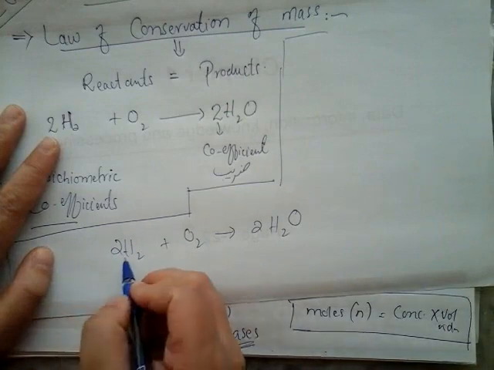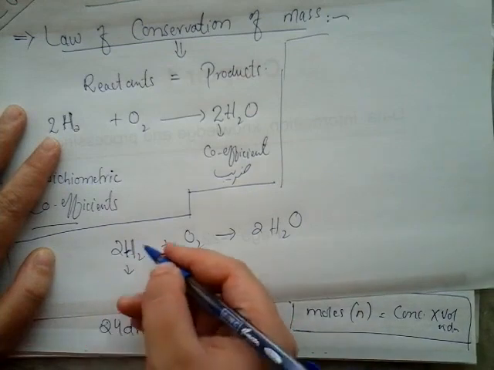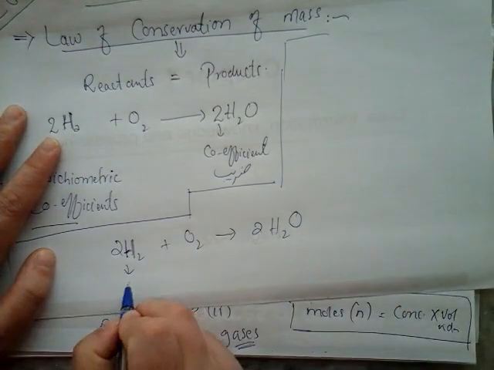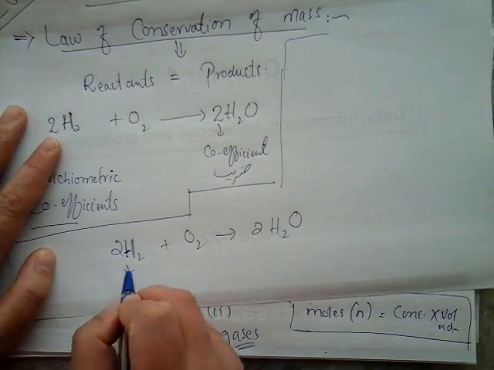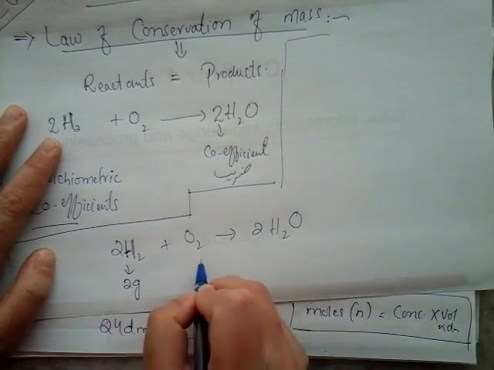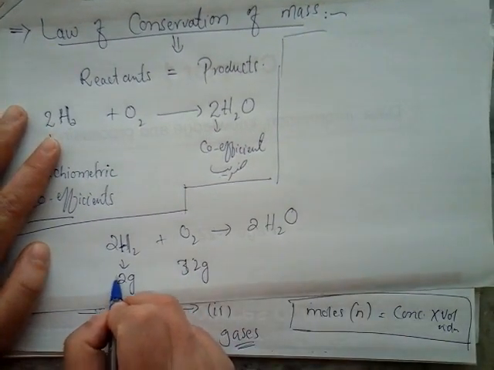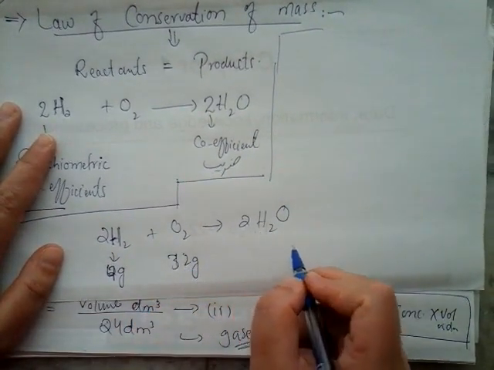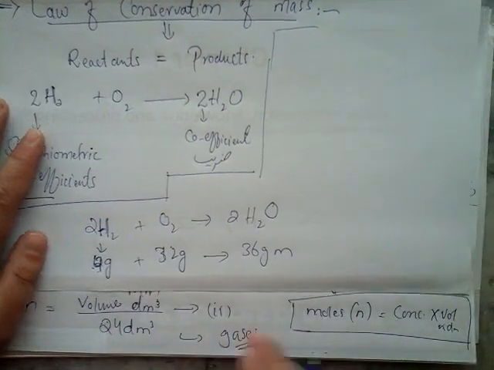Now here, the weight of hydrogen in 1 mole is 2 gram, and there are 2 molecules, so 4 gram of hydrogen will react with 32 gram of oxygen, and 2 molecules of water, 18 multiplied by 2, 36 gram of water is formed.